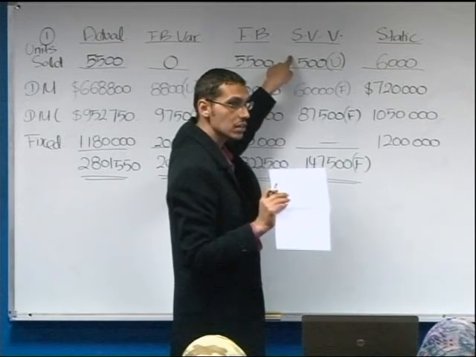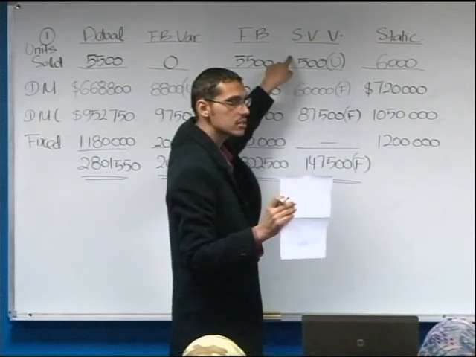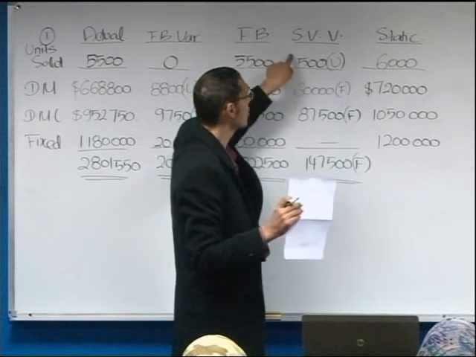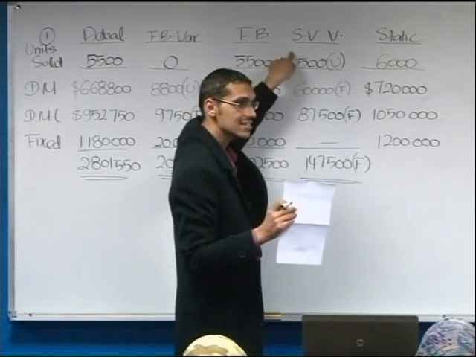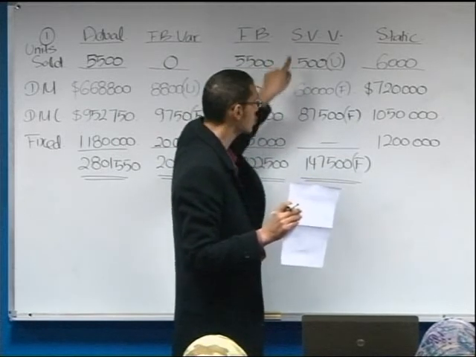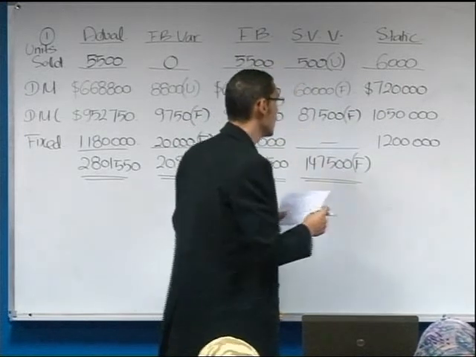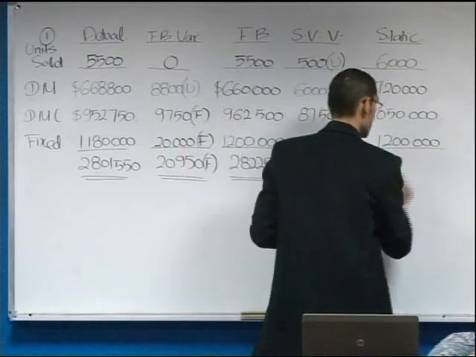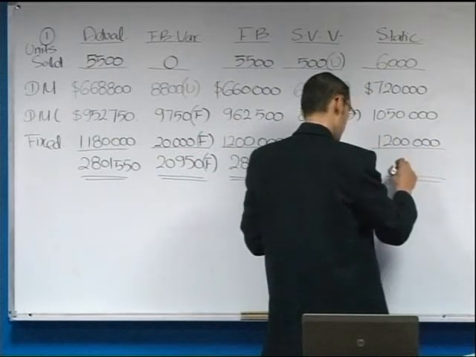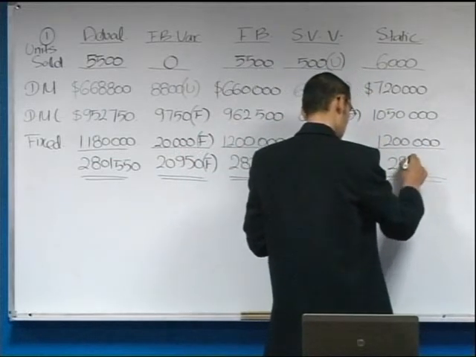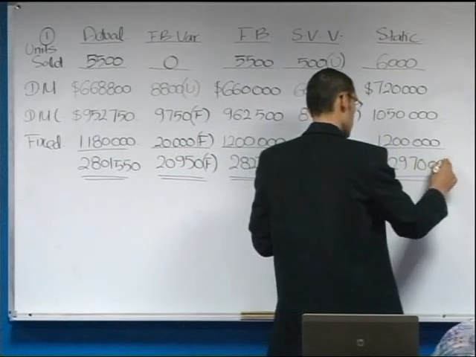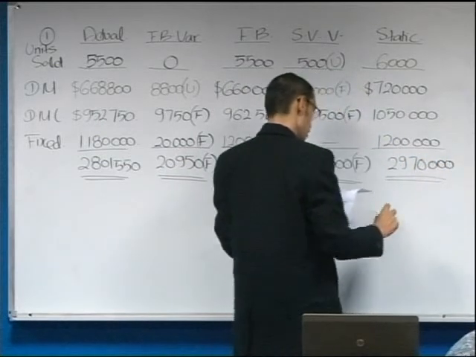You need to make sure that in the exam, for instance, you do not mistake this amount to be in dollars. This is in the number of units. Therefore, it should not be added up on the costs. And according to our static budget, the total costs would have been $2,970,000.